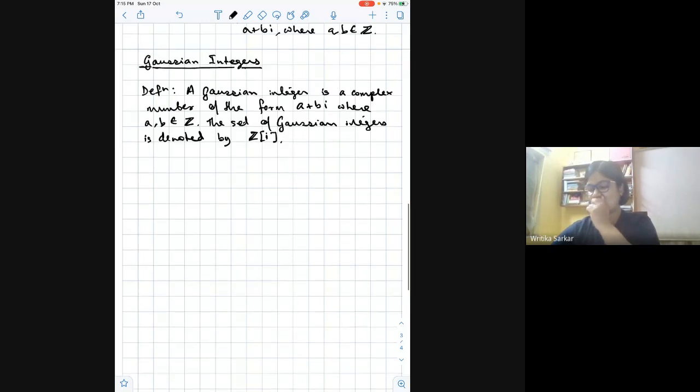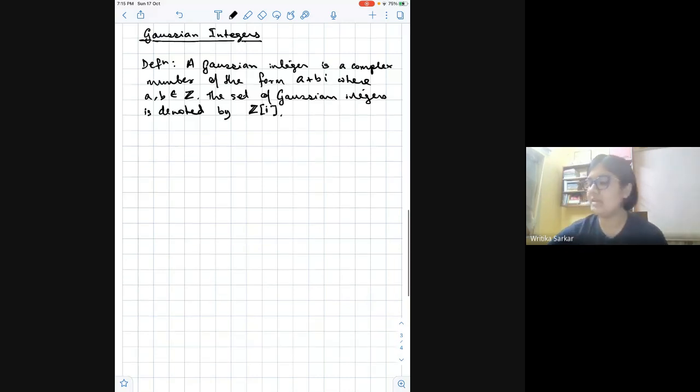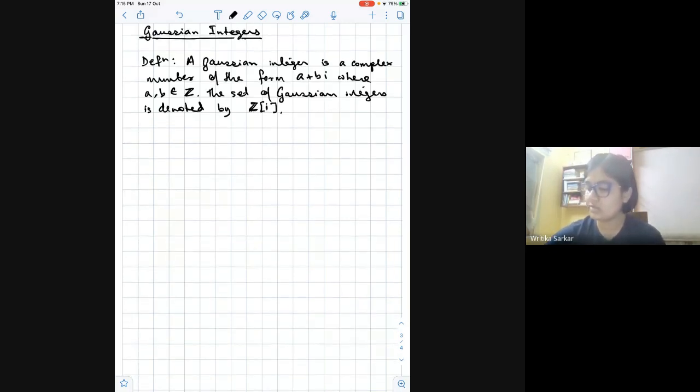Now, I'm really not planning to go into any ring theory in this session, but for those who are familiar, Z[i] forms a ring, and a lot of properties would be very easy. You don't have to prove a lot of things, but we'll actually go through the proofs of some properties and do them by hand for the Gaussian integers here, because I'm not going to discuss rings at all.